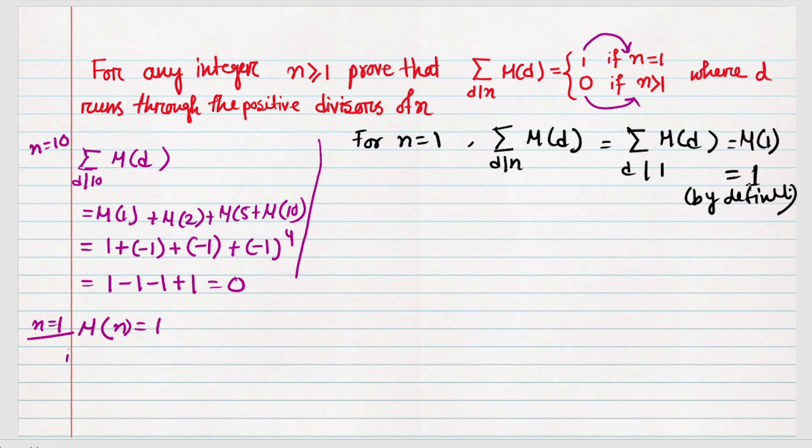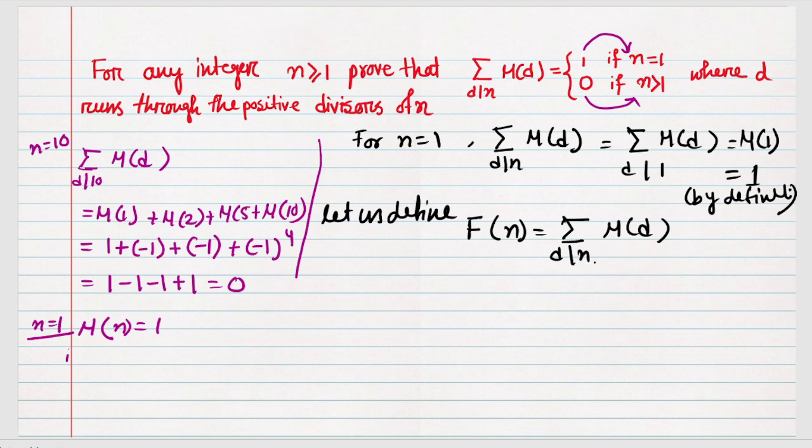So in the next case, let us define capital F of n equals the summation of mu of d for d dividing n.